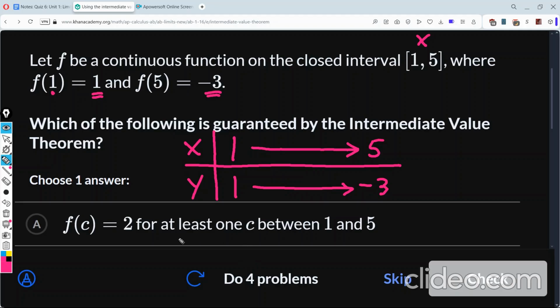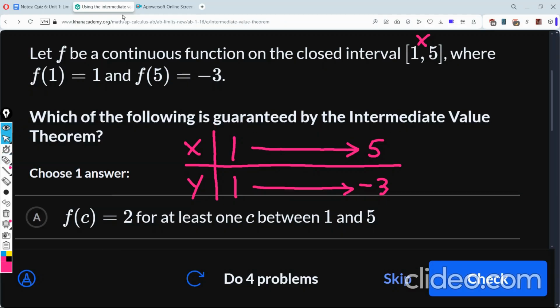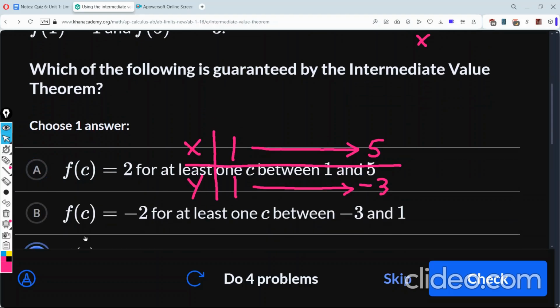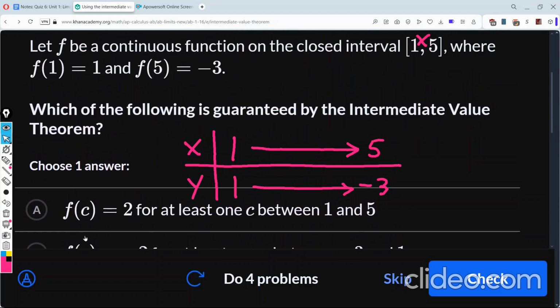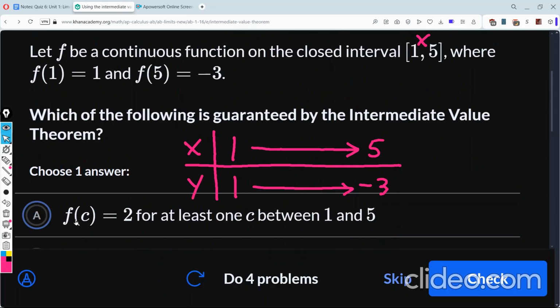So let's just check the answers. We're choosing one answer, so check one at a time. Now, in their write-up, answer choices, they say f of c and c for every answer choice. So just so you know, what they call f of c, that's going to be your y coordinate.